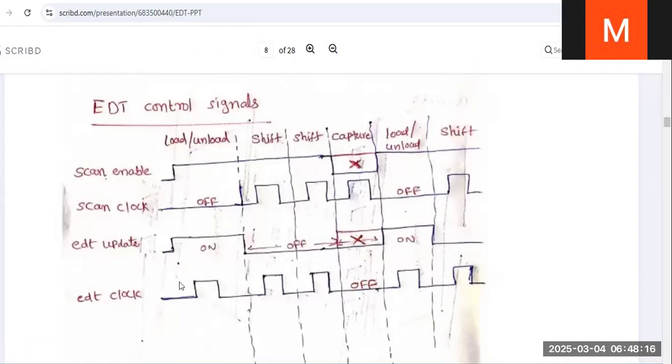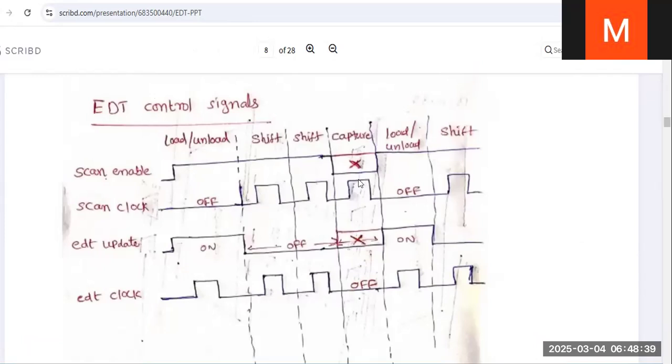So EDT update is high and EDT clock is pulsing during the load unload. During the shift, EDT update is zero, and the EDT clock and scan clock are both pulsing, so the data is loaded into the scan chains.